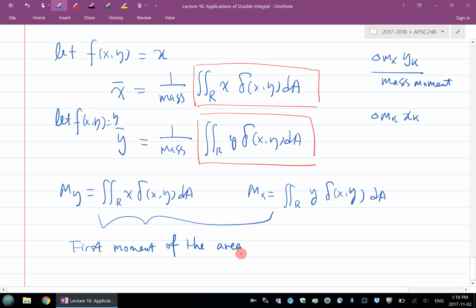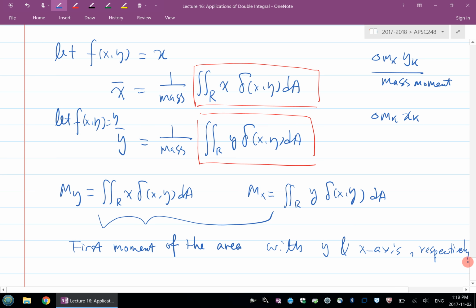Because we're talking about a thin plate here, we can say this is a moment of the area. The first one is with respect to the y-axis, and the second one is with respect to the x-axis, respectively. So, the first moment of the area.